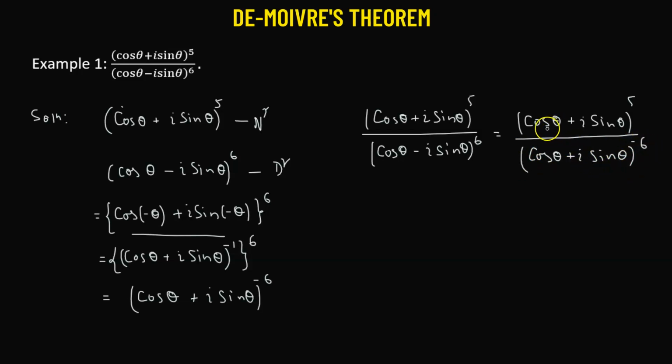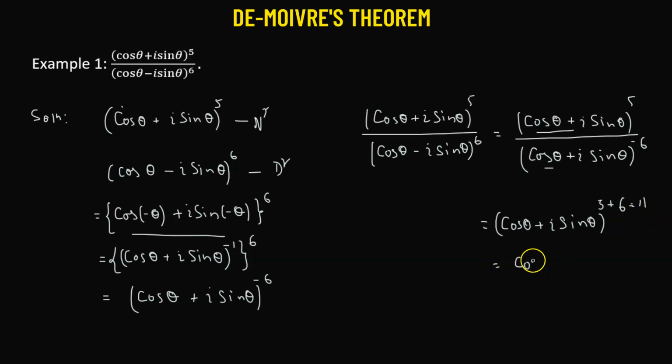The base is exactly the same, so we can take it to the numerator and combine them to get (cos θ + i sin θ) raised to the power of 5 plus 6, which is equal to 11.